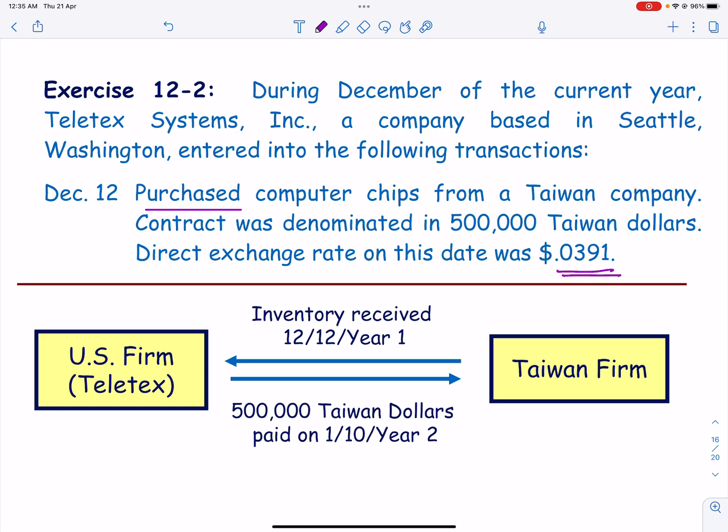Now, the Taiwanese firm wants the payment in Taiwanese dollars and not in US dollars. So considering the spot rate of 0.0391, this is 0.0391 times 500,000, which will be equal to 19,550. So this is the direct exchange rate. The indirect exchange rate will be 1 over 0.0391, that is equal to 25.58 Taiwanese dollars required to buy 1 US dollar.